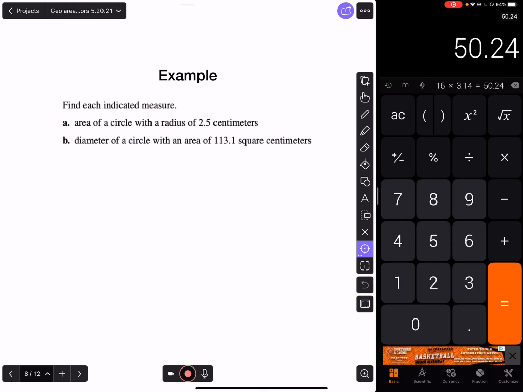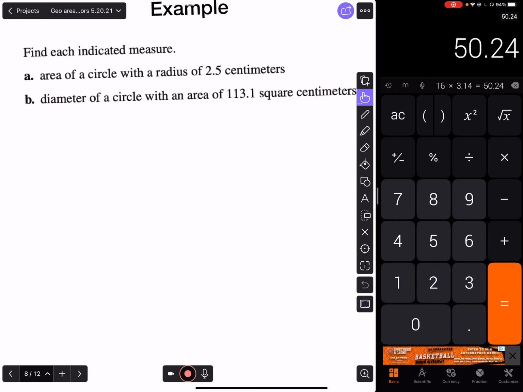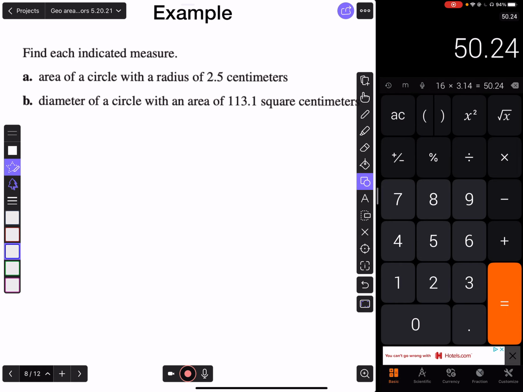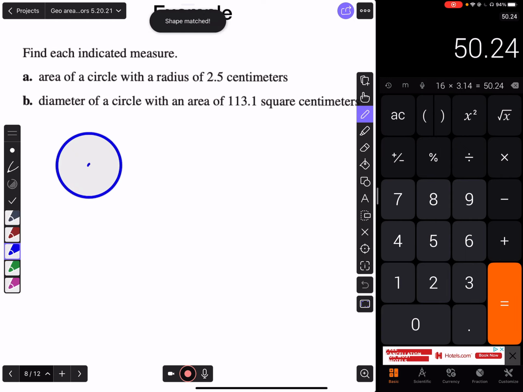So here in our example, find the area of a circle with a radius of 2.5 centimeters. So let's draw a quick circle here. The radius of our circle is 2.5 centimeters. They just want the area. Area is pi r squared. So 3.14 times our radius, 2.5, we're in centimeters here, squared.